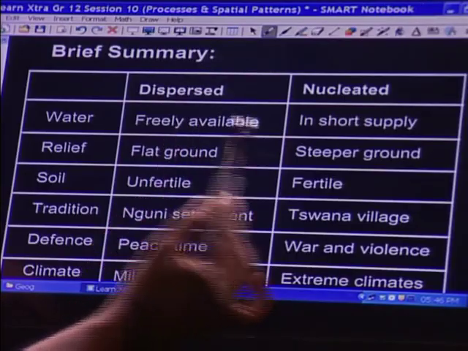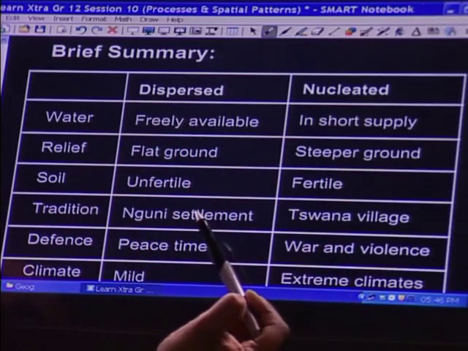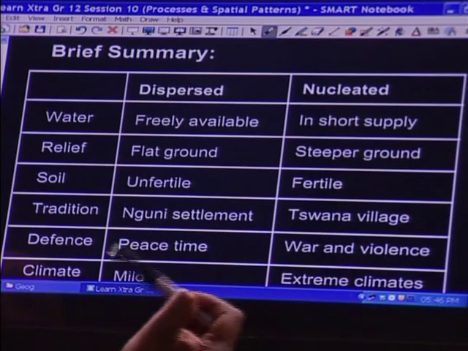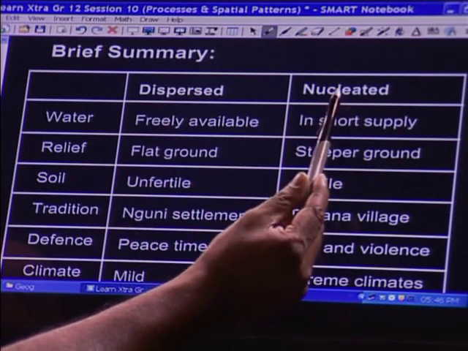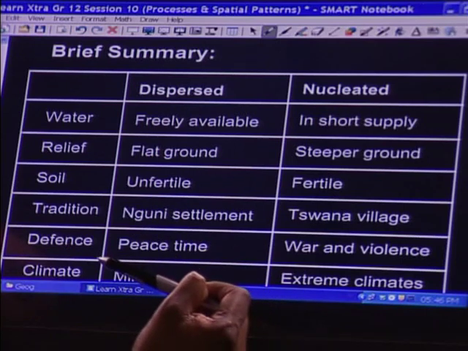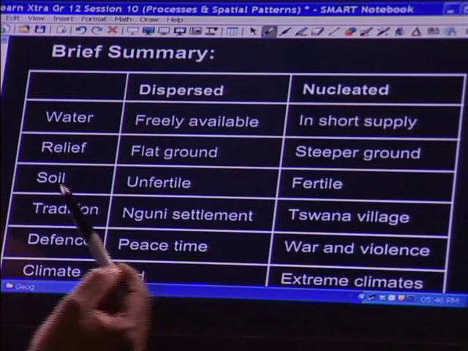So, in a brief summary, and this is good, especially for study methods, where we provide you with a tabulated format of what we've discussed. Remember, water is freely available in a dispersed settlement, and in a nucleated settlement, it is in short supply. Reason being, people are more compacted in a nucleated settlement, and therefore there is a competition and a greater demand for the water.